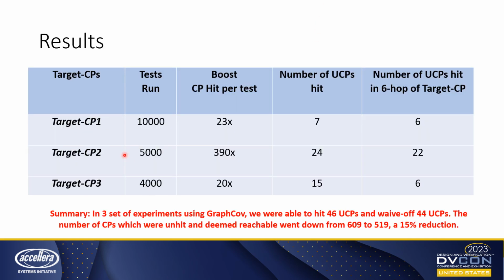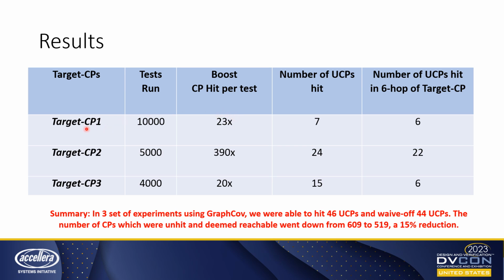So using the GraphCov algorithm, we identified 3 target CPs for a unit level design at Nvidia. We then used the BAyopt tool to boost the hit rate to those target CPs using specific directed knobs, and we ran about 10,000, 5,000, and 4,000 tests for these targets. Overall, about 19,000 tests we ran, and we found that we were able to boost.